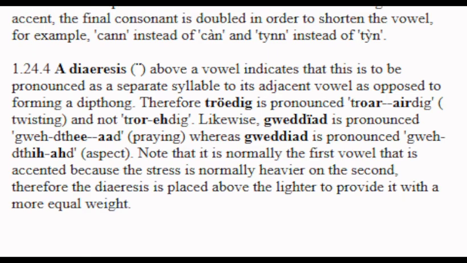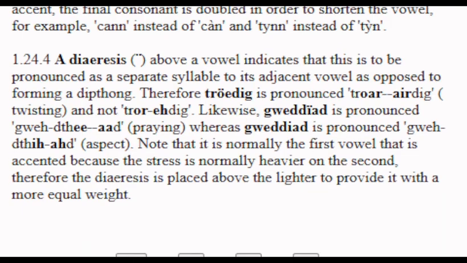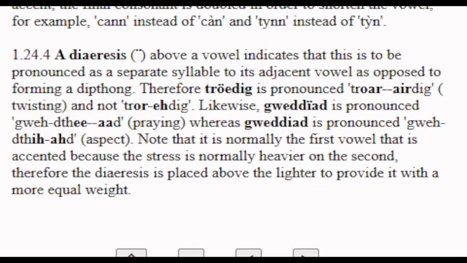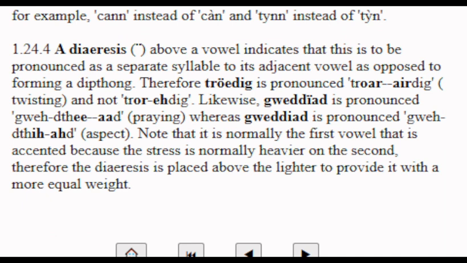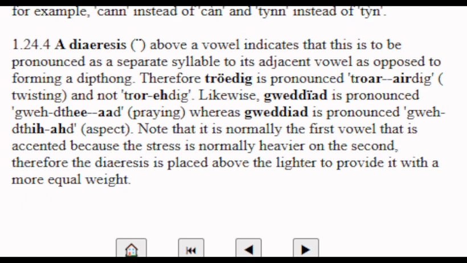Likewise, gweddiad is pronounced gweddiad, praying, whereas gwyddiad is pronounced gwyddiad aspect. Note that it is normally the first vowel that is accented, because the stress is normally heavier on the second. Therefore, the diaresis is placed above the lighter to provide it with a more equal weight.